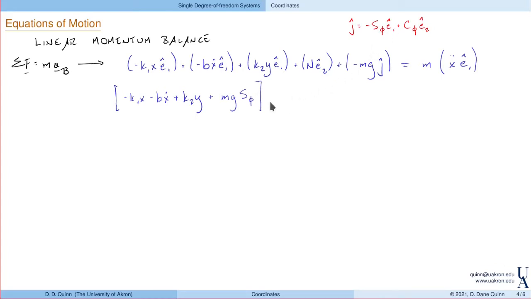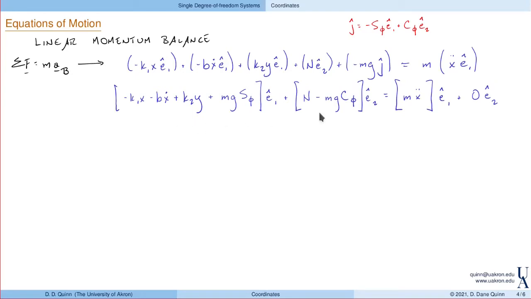Remember, phi is the inclination angle. And those are all the terms in the E1 direction on the left. In the E2 direction, I have N minus mg cosine of phi in the E2 direction. And this is equal to m x double dot in the E1 direction. And I'll just put here that there's nothing in the E2 direction.